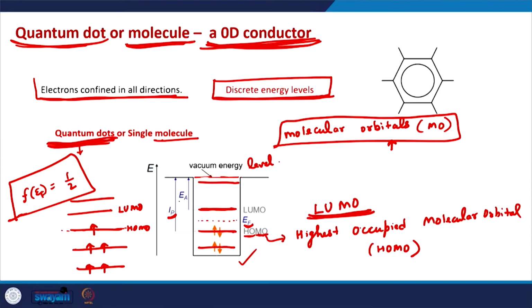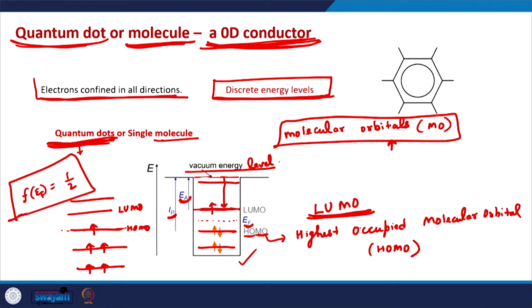Similarly, we have another parameter which is known as electron affinity, and that is the amount of energy that is released when an electron is taken by the system, and that is the difference between the vacuum energy level and LUMO energy level, because any additional electron will be taken in LUMO energy level, and the energy that will be released will be the difference between the vacuum energy level and the LUMO energy level.